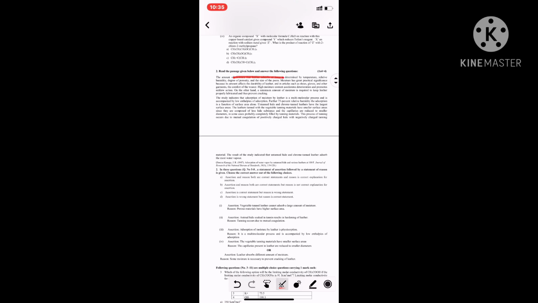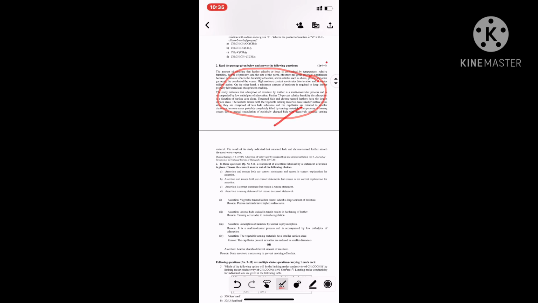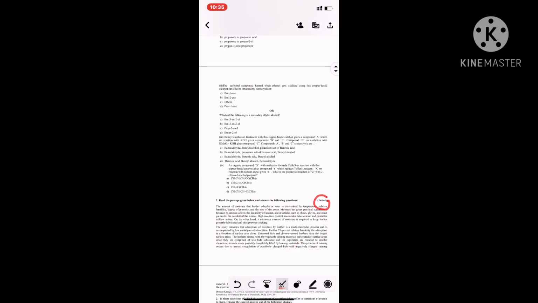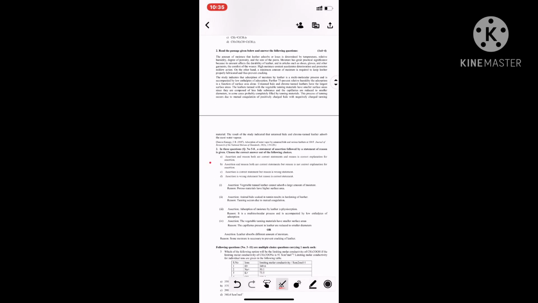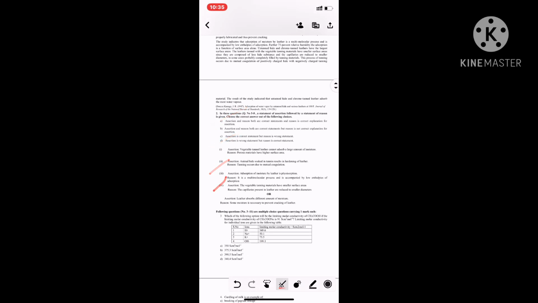Now coming to the second passage, again a passage is given, from the surface chemistry topic, and remember in the first passage the 4 questions were MCQ types with 1 internal choice, but in the second passage there are 4 assertion reasoning questions, with 1 internal choice. Remember, in assertion reasoning questions here we have 4 options.